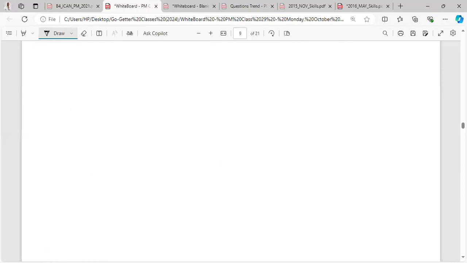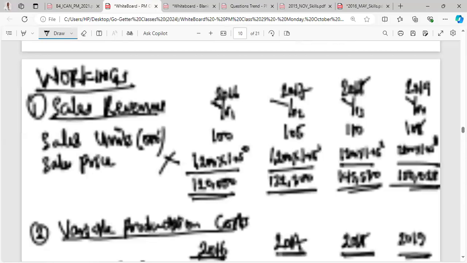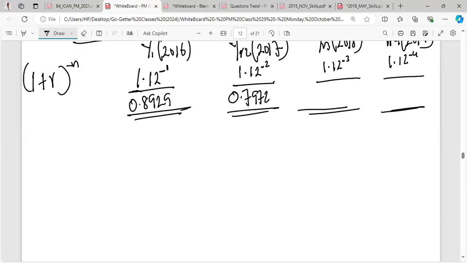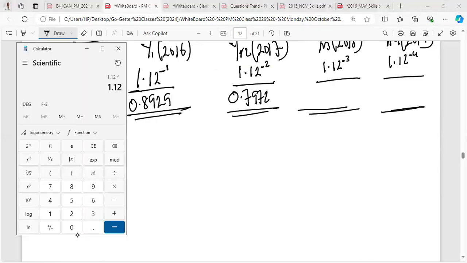Take the next one, 1.12 raised to power minus 3, 0.7118.